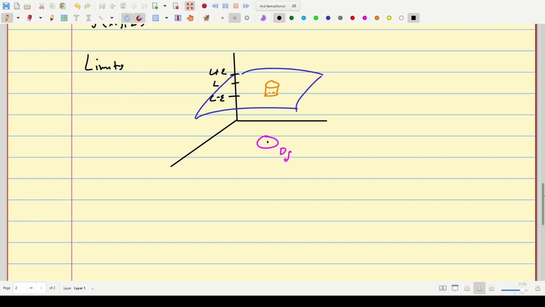So if you specify the range of heights that the point has to sit in, then I can specify the radius delta around the point to say, if you say that I have to be within epsilon, then this is the delta that you have to be within of A. Okay? As long as the point on the surface is always inside that cylinder for any choice of epsilon, the limit exists.